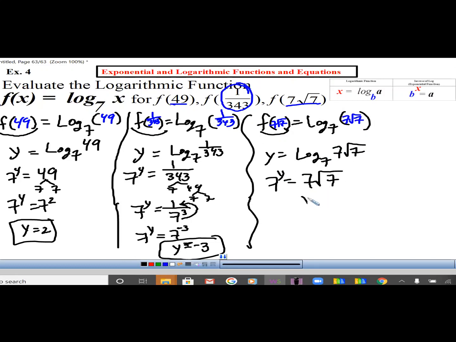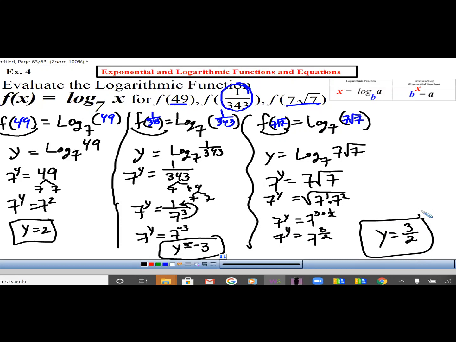Yes. We've got square root of 7 to the first times 7 to the second. So what is 7 to the first times 7 to the second? That's 7 to the third, times the exponent of, what is the radical worth? 1/2. Okay, so that is 7 to the 3/2 exponent. So this is 7 to the y, which means y is equal to 3/2. Whoo, let's go.